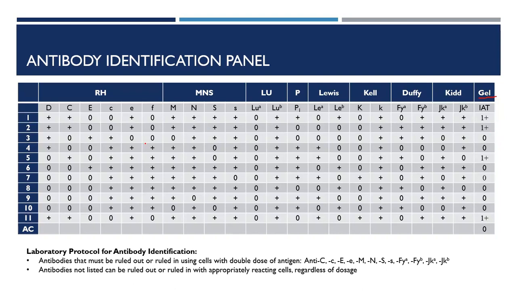So let's start with panel cell 3, our first negatively reacting cell. We'll do this a little quicker because I talked through how to interpret the presence of the antigen on the antibody screen. So we'll rule out D and big E, little c.